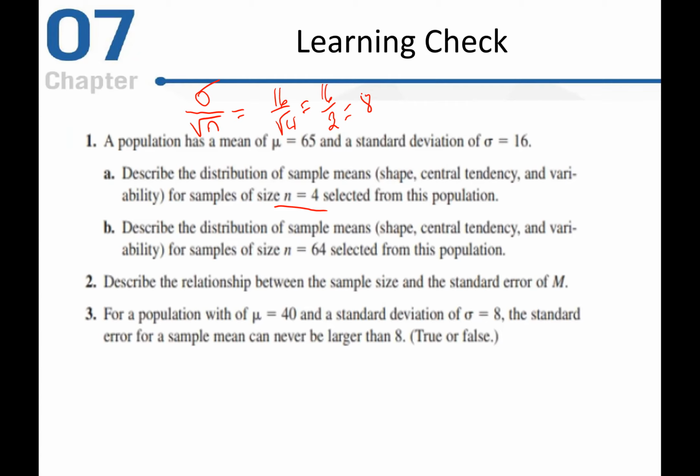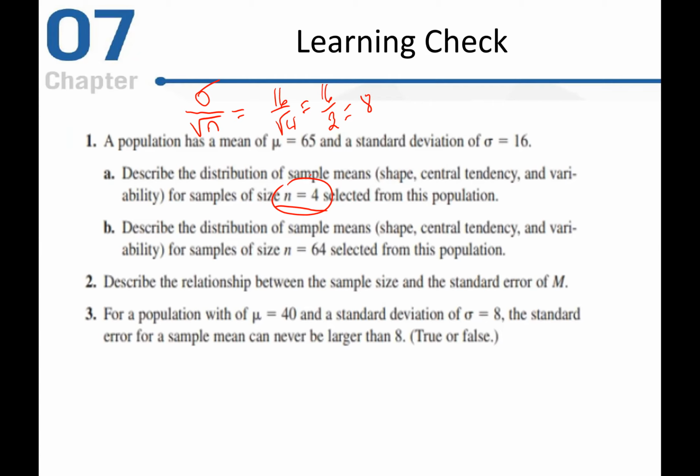A couple of slides ago, I said that in order for us to know the shape of these things, we need to know if it's a normal distribution or if the sample size is 30 and over. But this one had a sample size of 4, and it didn't tell us that the population has a normal distribution. So we can't answer what the shape is.